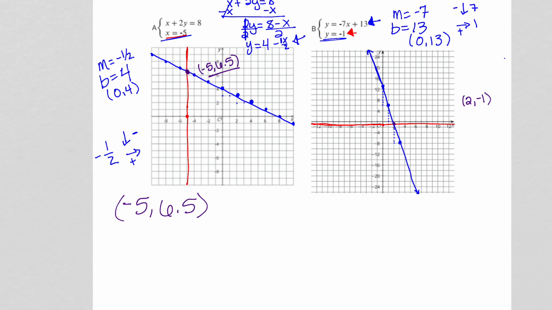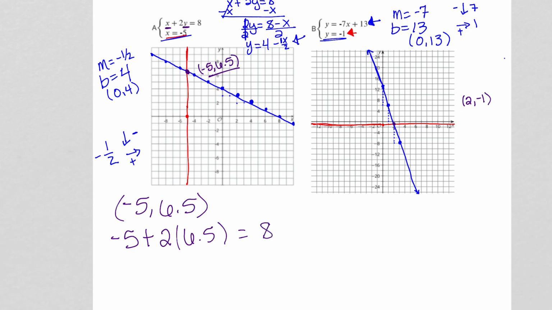We're going to take that coordinate, and we're going to plug it in to the equation that has X and Y in it. So we're going to take -5 and plug it in for X right here. So we're going to have -5 plus 2. We're going to plug in 6.5 for our Y. So 6.5 equals 8.